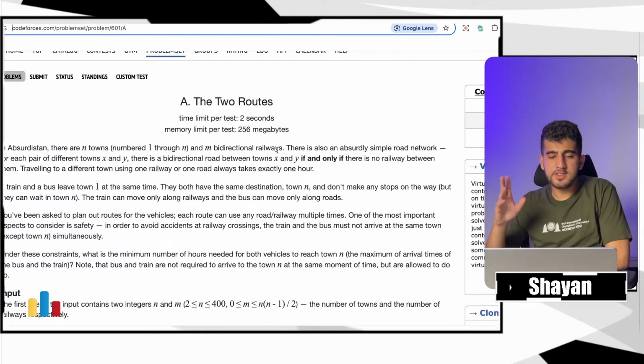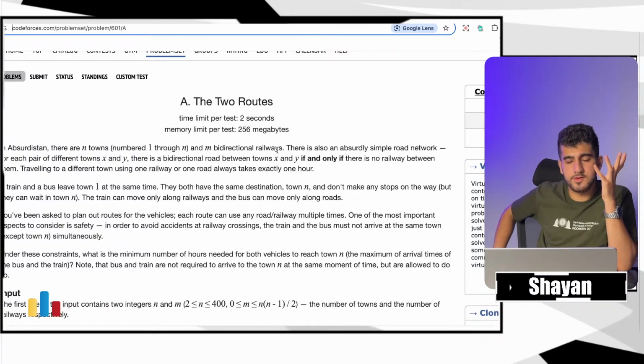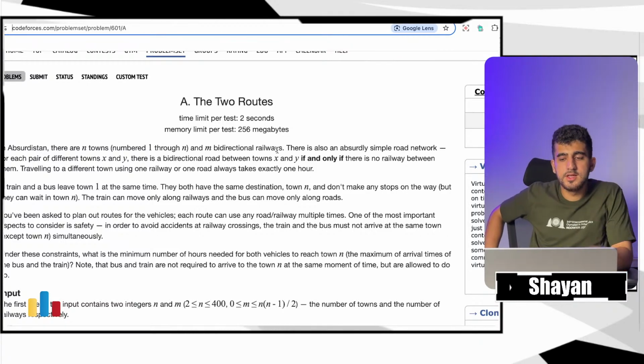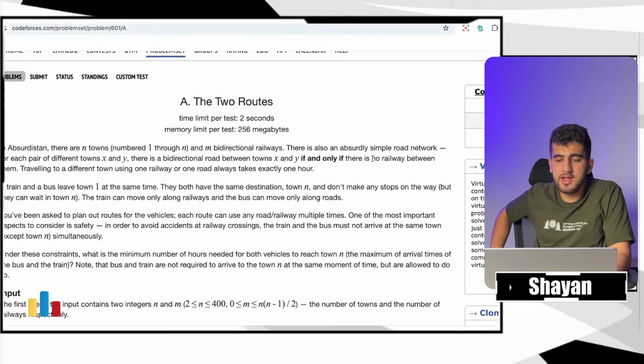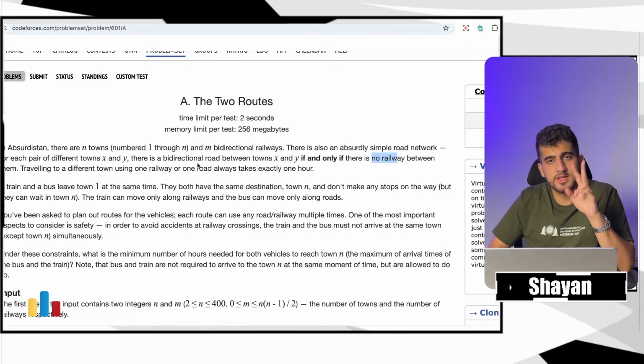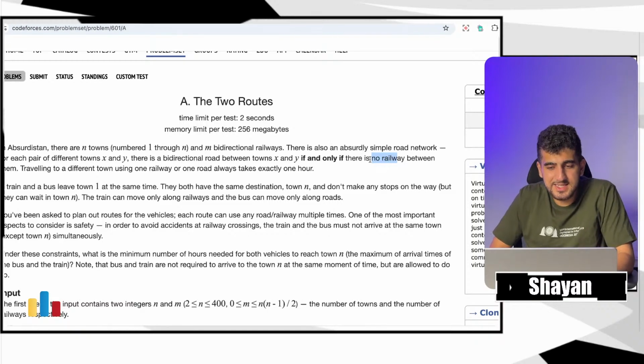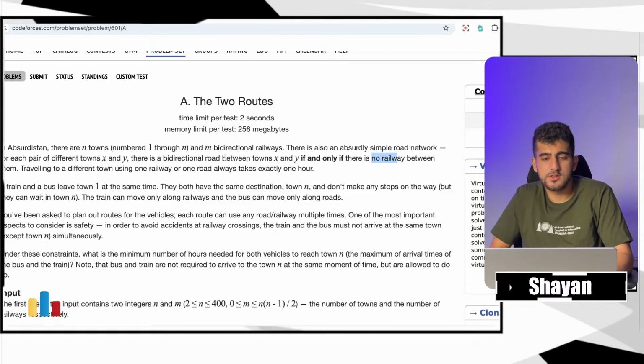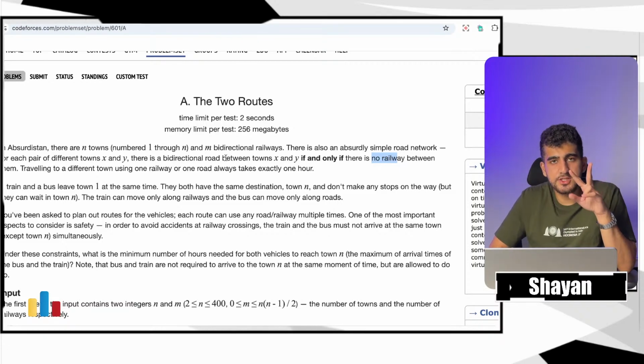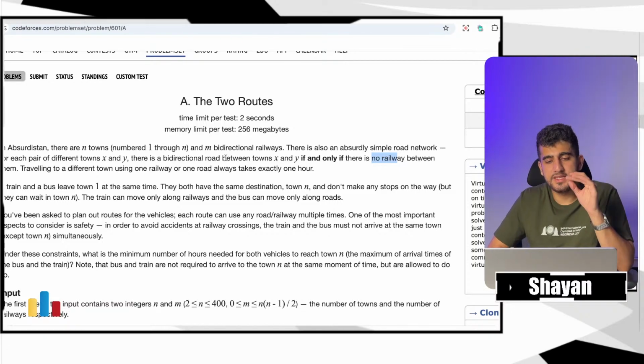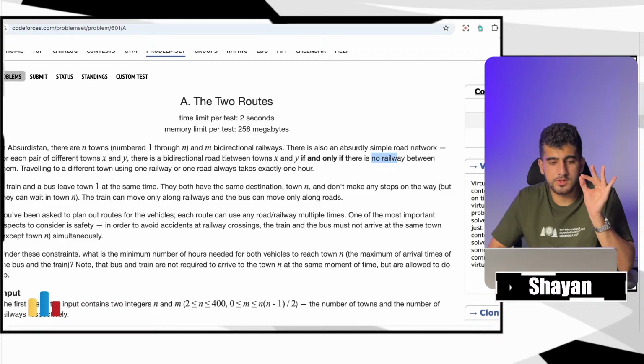There are two types of roads: between each two towns, it's either a railway or it is a road.